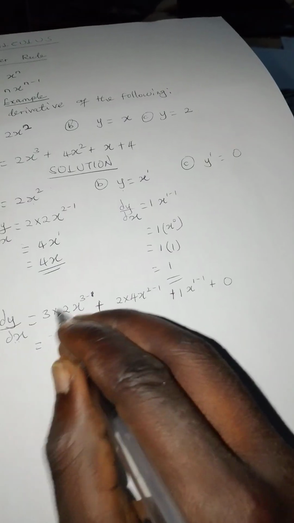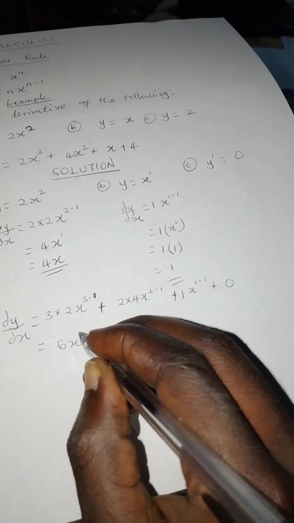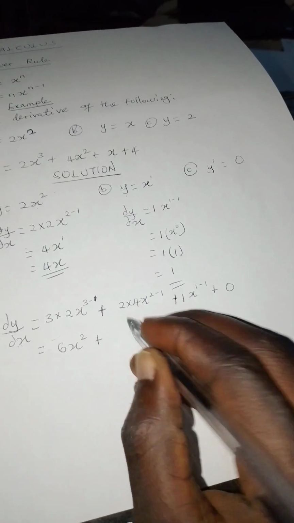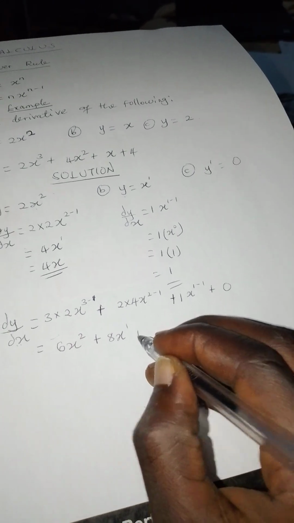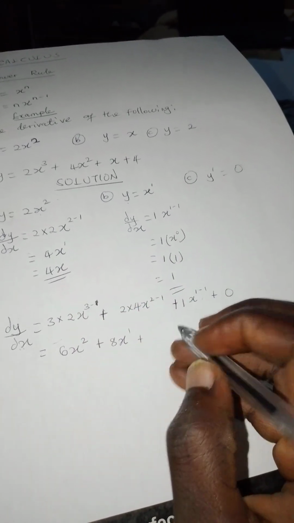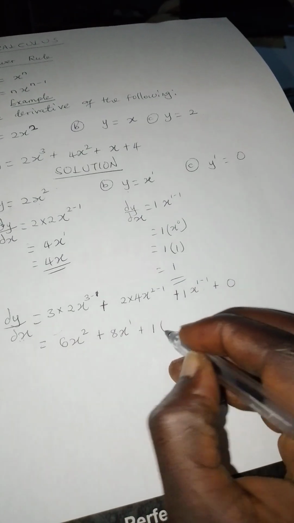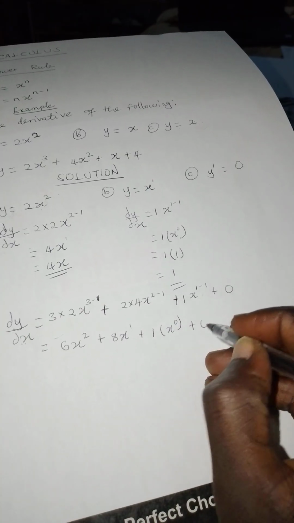So when I multiply, what am I getting? I'm getting 6x^2 plus 8x^1. Then here, the same as what we did before, it will be 1 times x^(1-1), and 1 minus 1 is 0, so plus x^0 there.